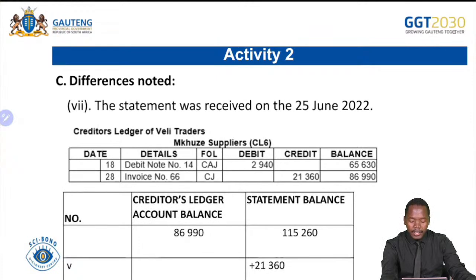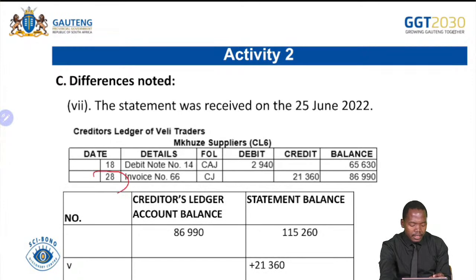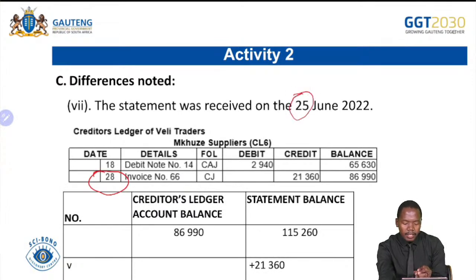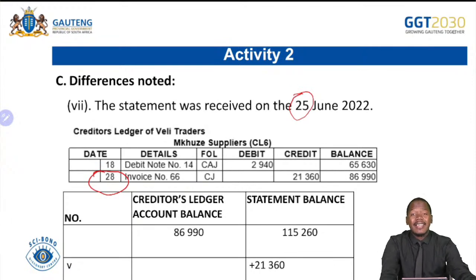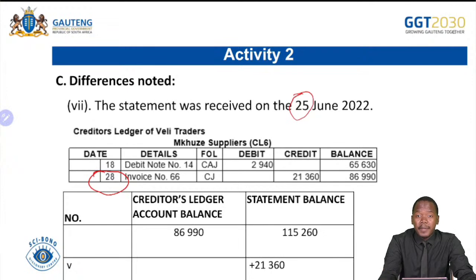Remember, this invoice happened on the 28th. If you can see, the date says 28th. The statement closes on the 25th. Any transaction that happens after the 25th will surely not appear on the current statement received. It will appear on the next one, provided it is the correct amount.